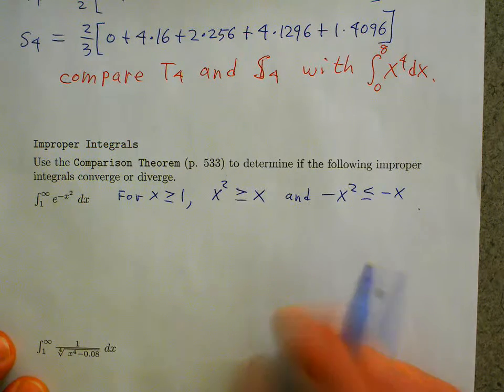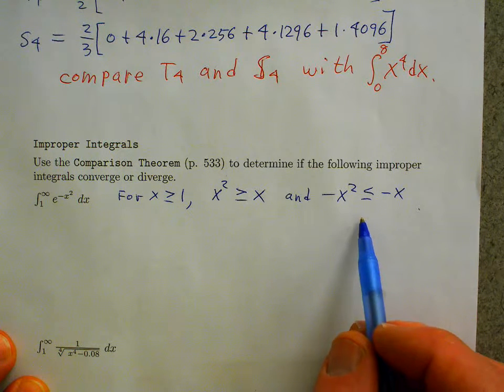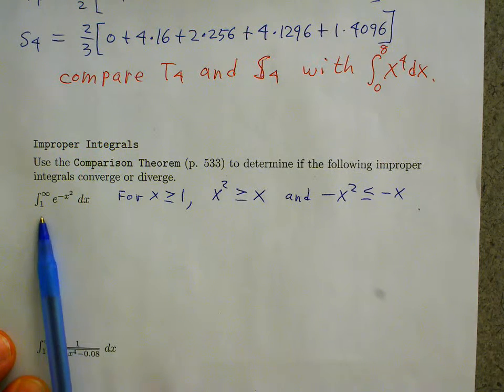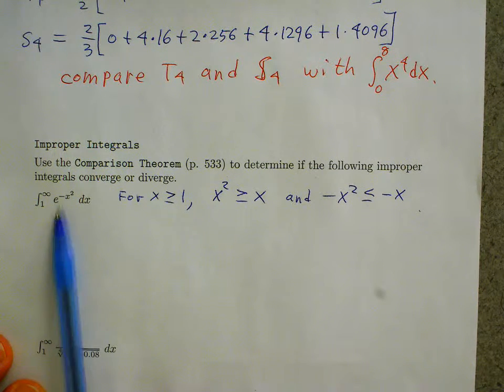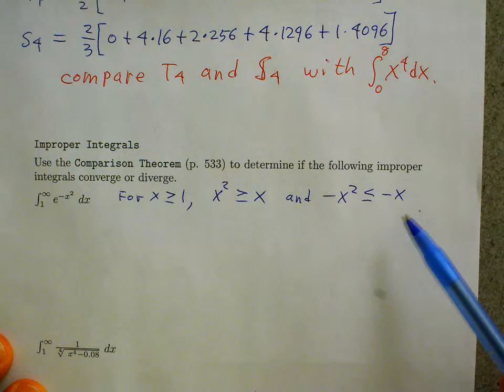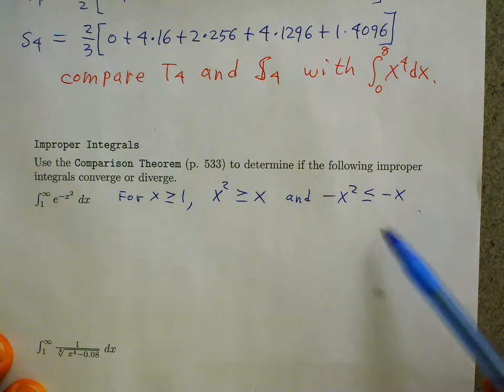So what that should mean is that the improper integral of e to the negative x squared dx will be less than the improper integral of e to the negative x.